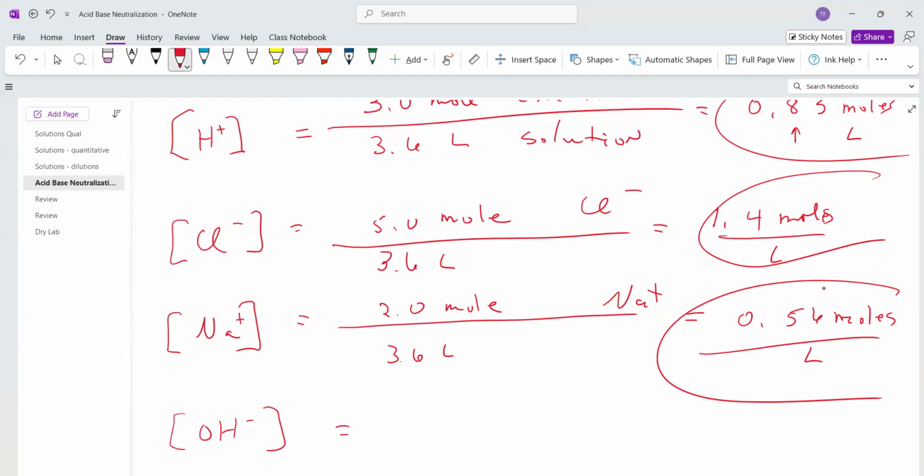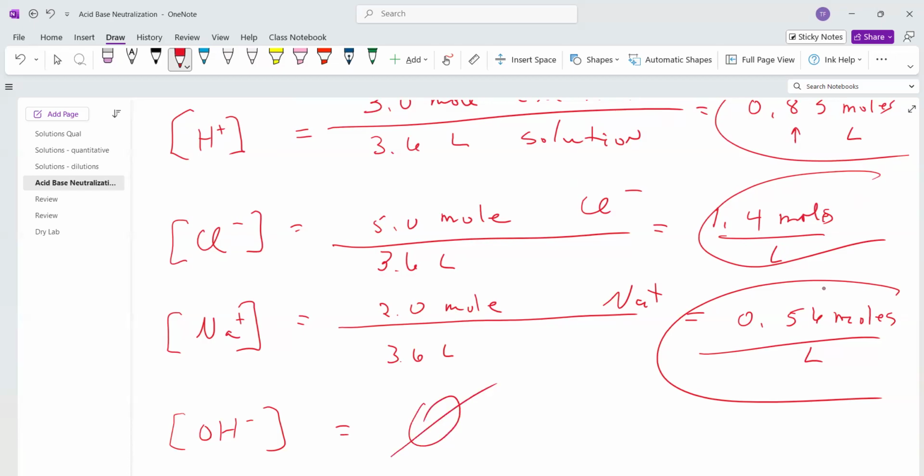How many moles of hydroxide do I have left over? Good question, you guys. All right, we made water with it, right? How many do we have left over? None. All used up.